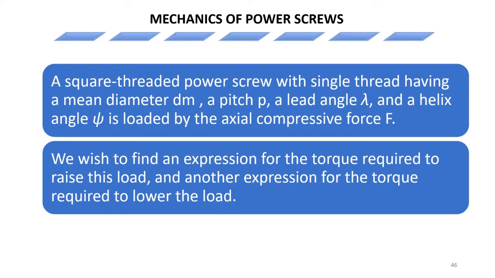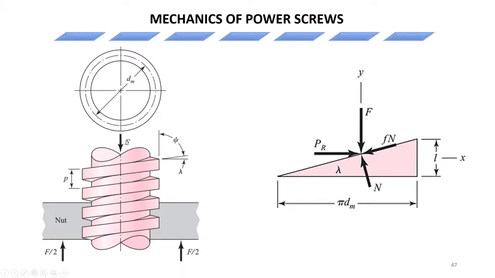So we have some weight which this screw is to lift or raise upwards, and the load is, say, F, acting on this screw. The pitch of the screw we take to be P, and psi is the helix angle, which is the angle between the vertical and the inclined surface of the screw.